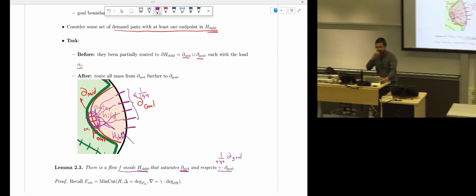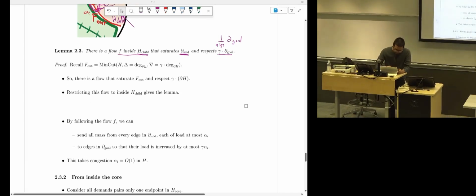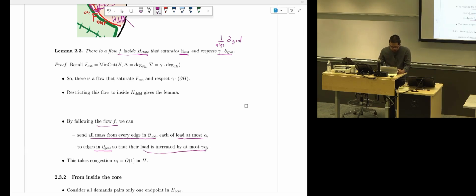So just by following this flow, we can send all the mass from every edge in the midway battery, each of load at most alpha, to the goal battery so that the load increases by alpha I times 1 over log. This takes congestion alpha I inside HI.